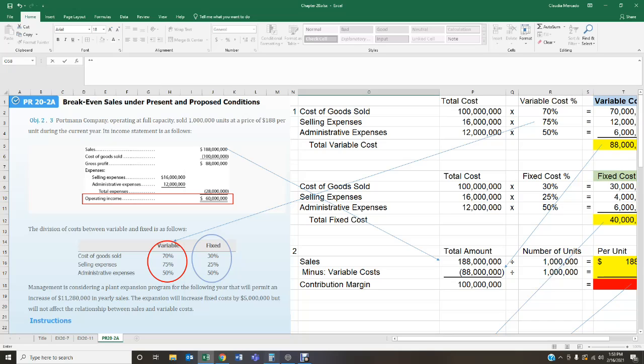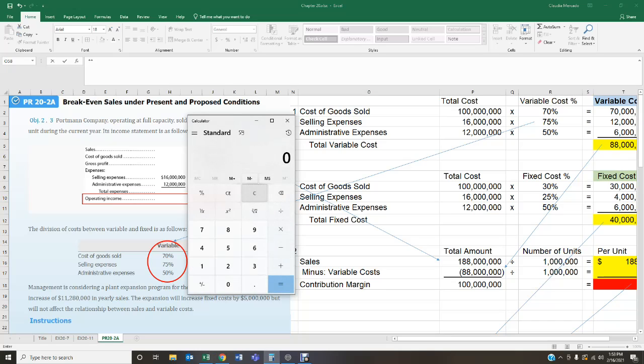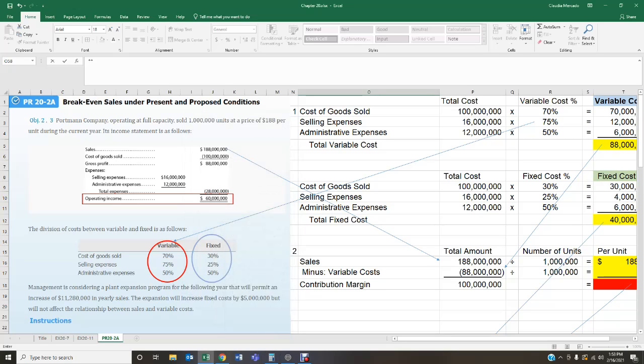Okay, let me just do a quick calculation here. So we've got 188 divided by $1 million. That's 188. Okay. So let's see. Let's brainstorm.